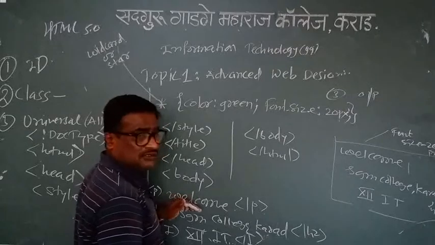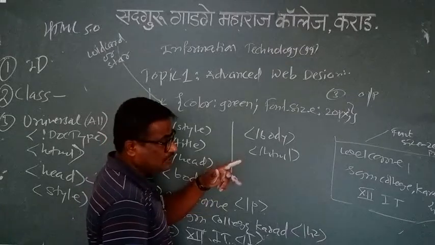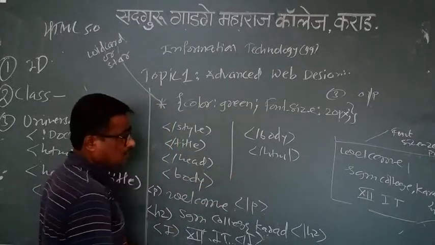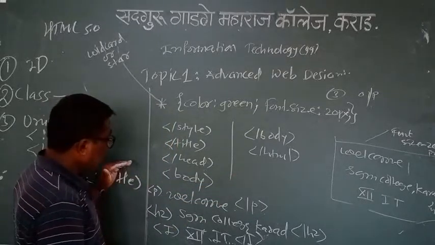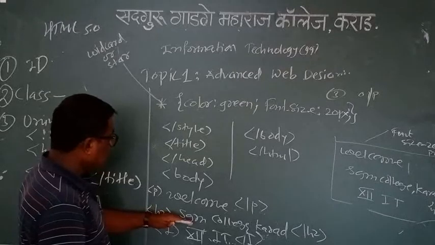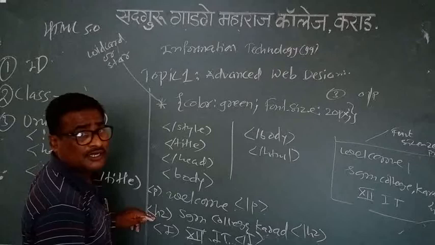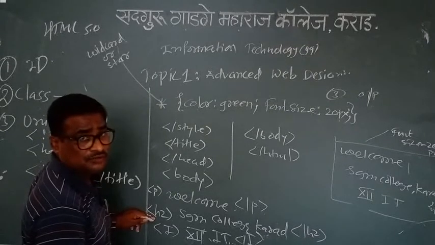And applying the style is that the font size is 20 pixel and the font color is green. Okay. Then also the second text is in the H2 tag, heading style tag H2.